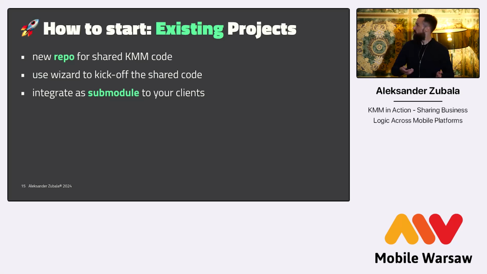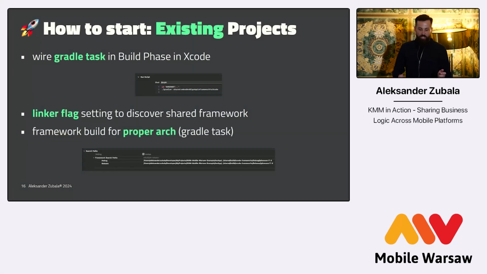I guess the easiest way would be to use the wizard from Android Studio to kick off a new multiplatform project, grab the shared code, move it to a separate repository, and then link it to your iOS and Android projects as Git submodules. Do you know what Git submodules are? Someone? Yes. Okay, cool.